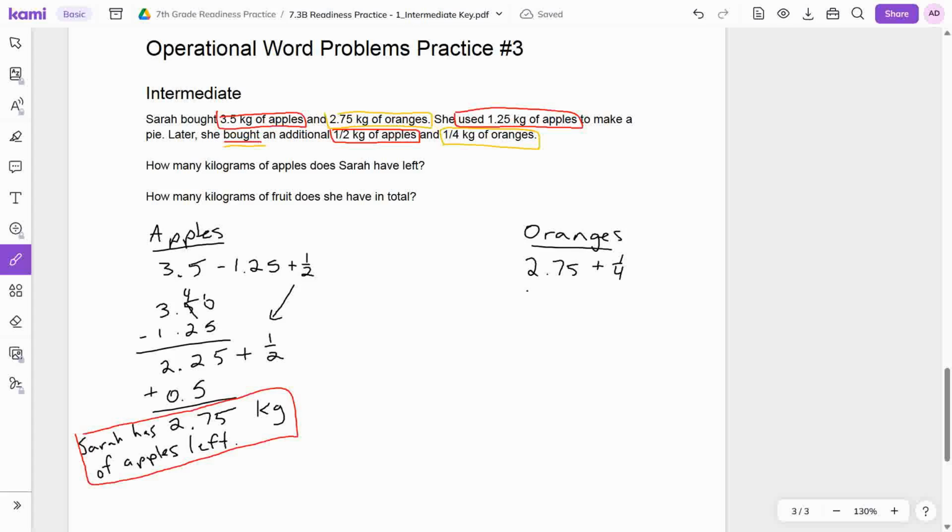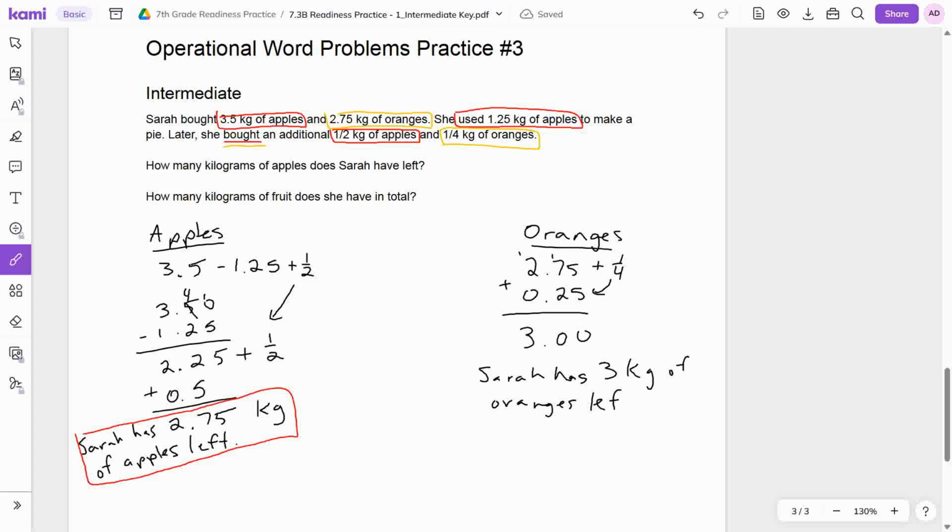Once again, I need to know what that is as a decimal. So that's really this 0.25. That's what the 1/4 equals as a decimal. And that is going to get us just a nice even 3. Okay, so Sarah has 3. We don't need the decimals, kilograms of oranges left.